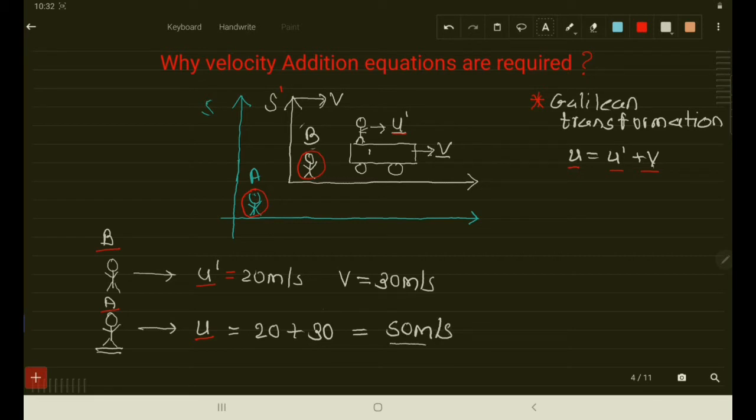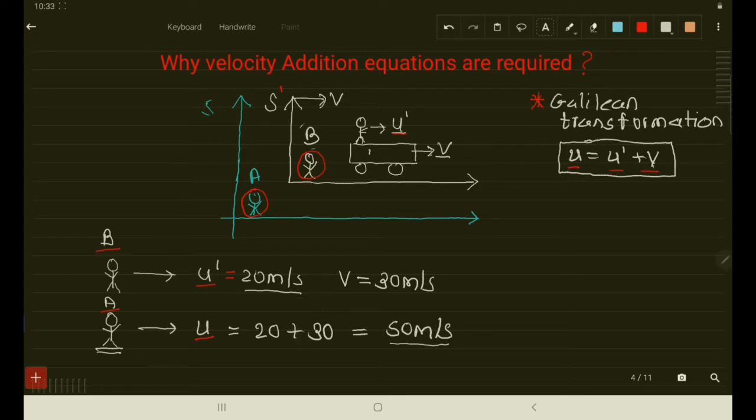This velocity will be according to person A, that is with respect to stationary frame of reference, and according to person B or with respect to moving frame of reference, it will be 20 meters per second. Now these numbers or these equations of Galilean transformation are found to be experimentally true.